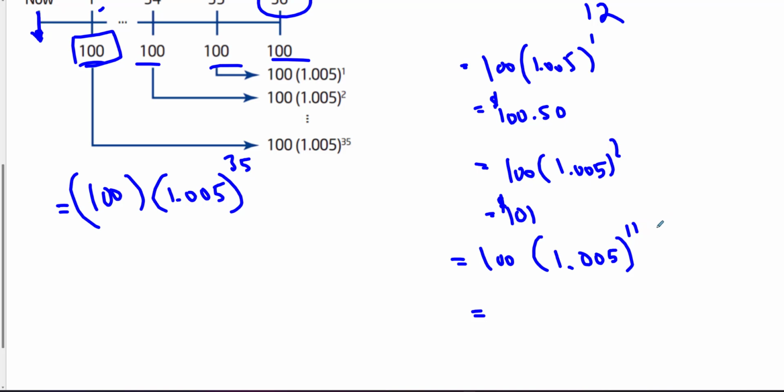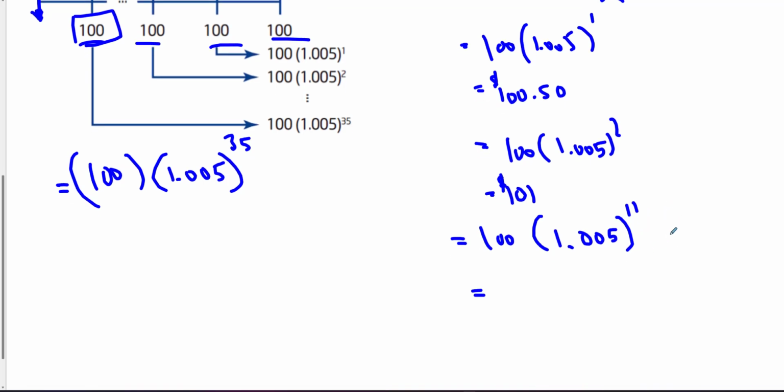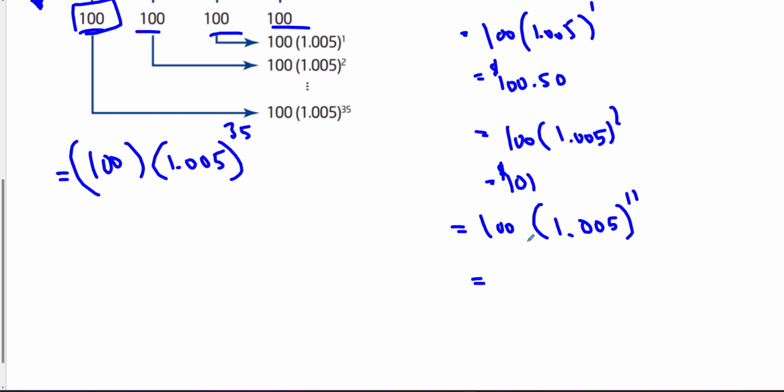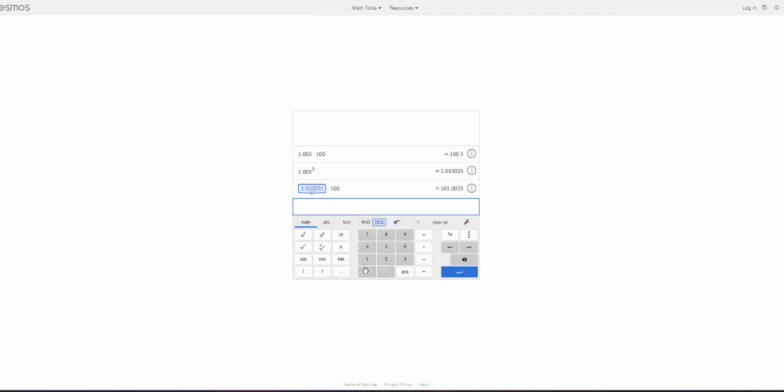But then for the next 11 months, I'm making interest. So after 1 year's time, how much interest would this have earned? $105.64.